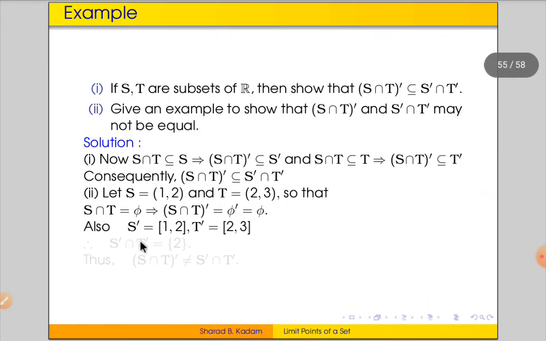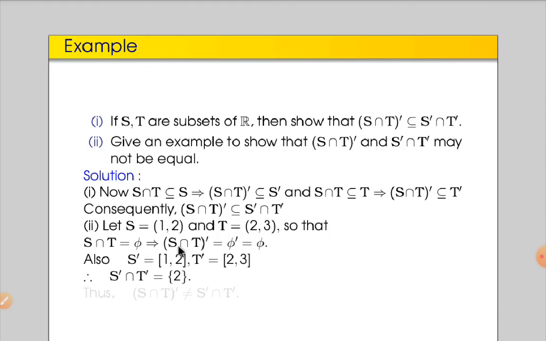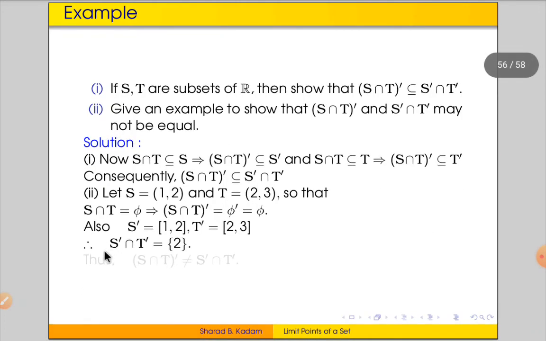Now we have derived set of S is a closed interval with the left end point 1 and right end point 2, and derived set of T is a closed interval with left end point 2 and right end point 3, and intersection of S prime and T prime is a single set containing 2.